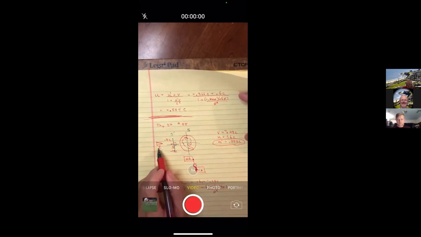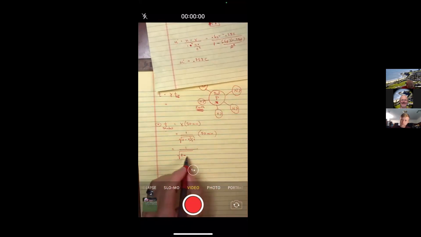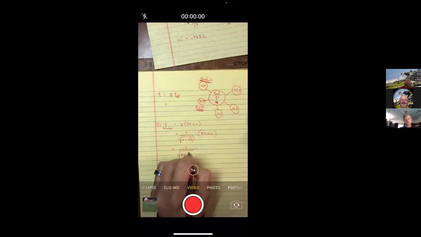So the students would see a negative 0.753. It doesn't really matter whether we put a positive or a negative in here, but maybe it's a little more complete. I did put a negative.